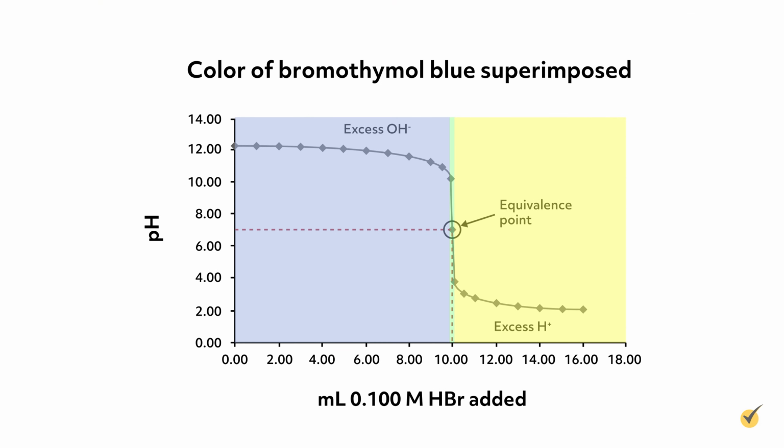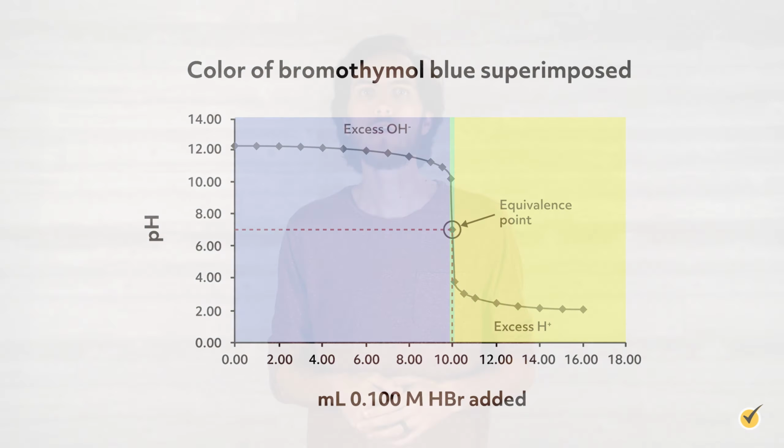Bromothymol blue, on the other hand, changes from yellow to blue over the range of 6.0 to 7.6, which of course includes 7, so would be an appropriate indicator for this titration. As you can see from the graph, there's only a very small window where the bromothymol blue would be green, and it coincides with where we expect our equivalence point. Of course, this is more of an approximation than what a chemist would probably be expected to do in an analytical lab, but hopefully it helped you learn the principles of titration.